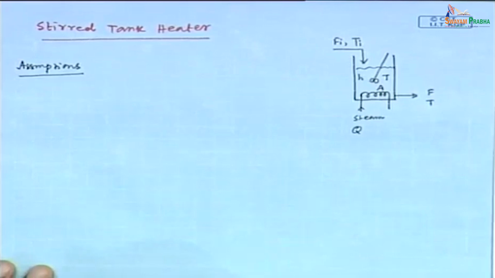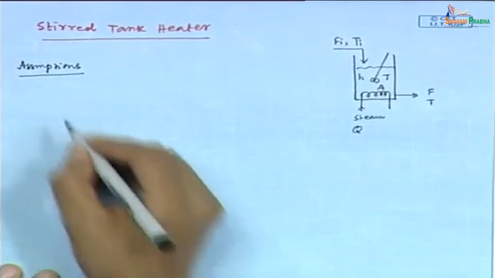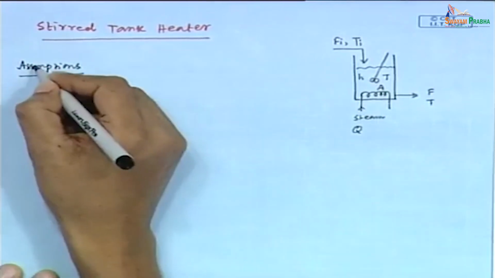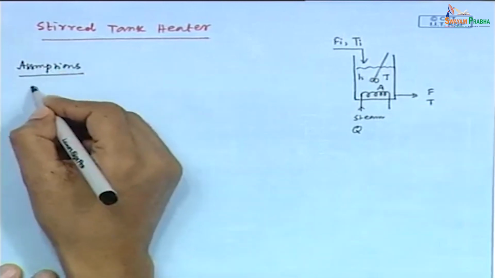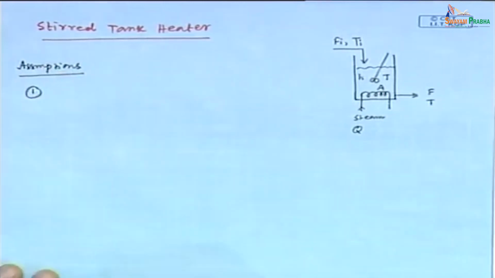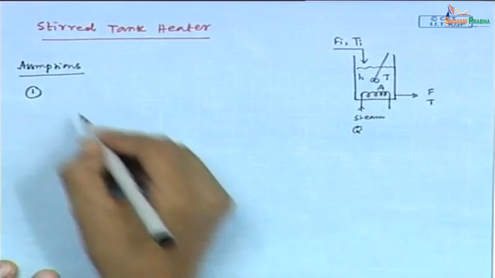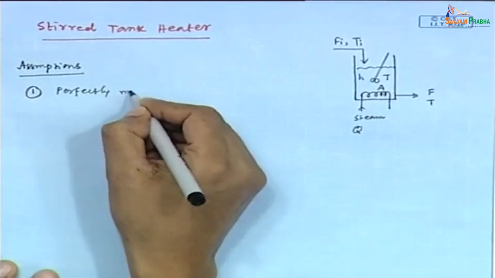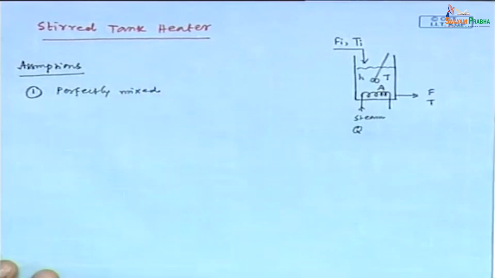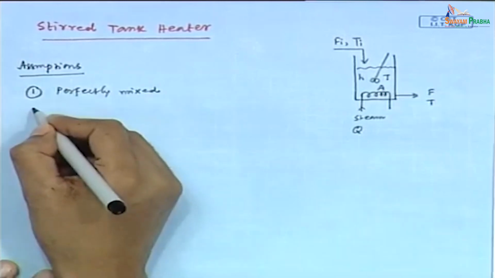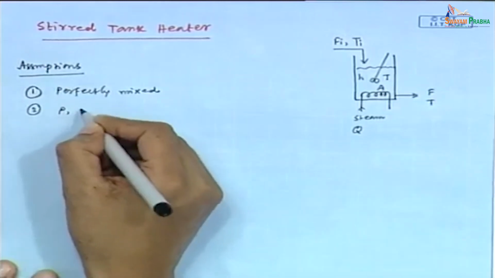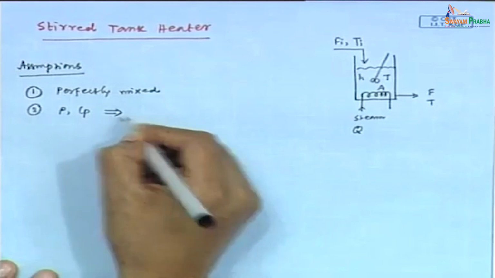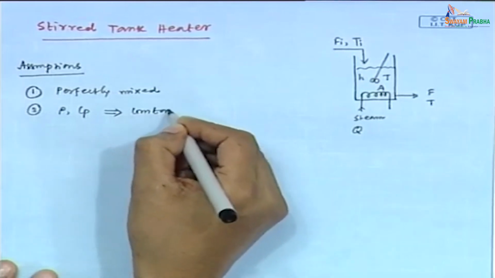Fine. So, what are these assumptions? The first assumption is the tank is perfectly mixed. The second assumption is rho and Cp both are constant.